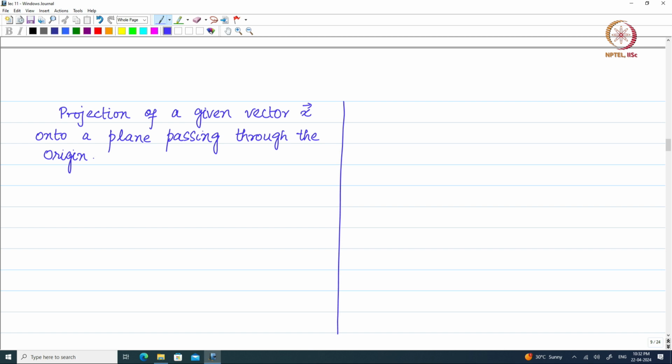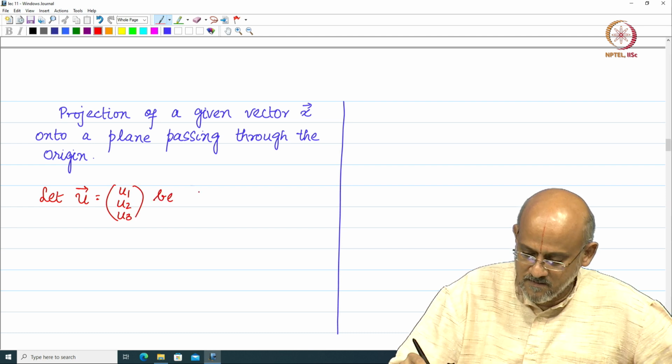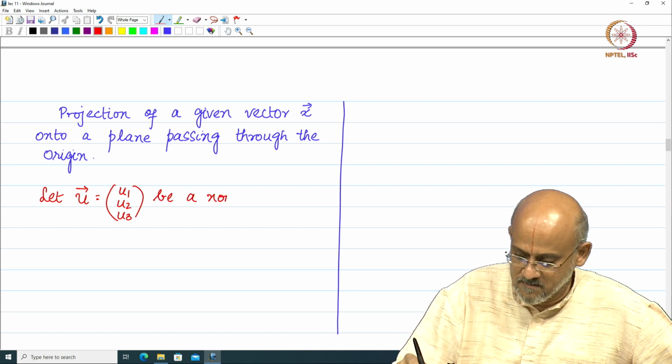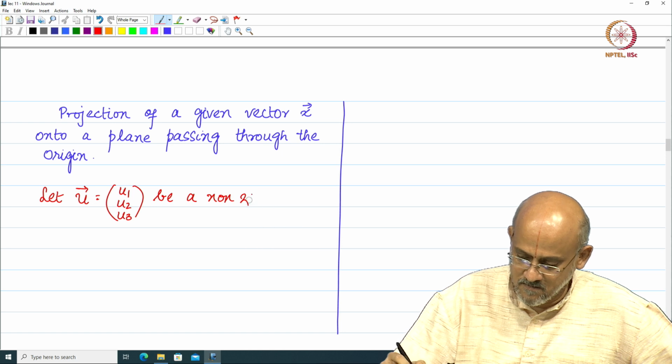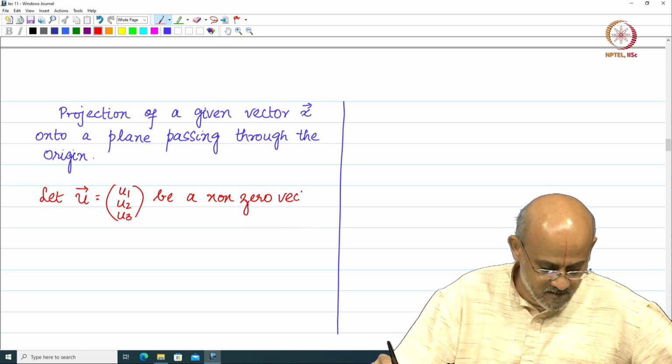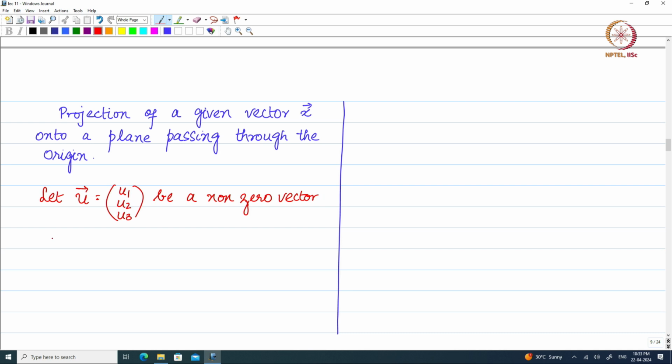So, let u be this vector, say u1, u2, u3, be a non-zero vector, and let us call the plane that passes through the origin and is orthogonal to u the plane p pi.